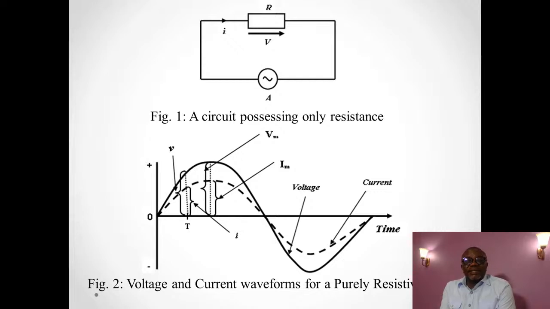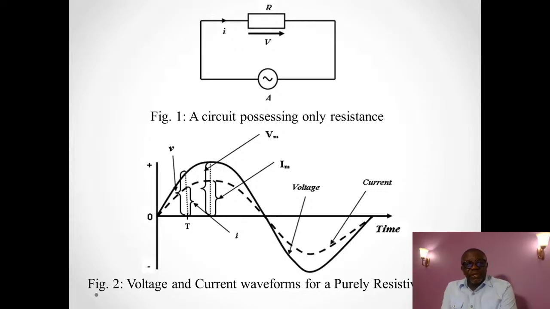So we are saying that when this alternator is supplying a pure sine wave, then the current, if you look at the current, the dotted line in Fig. 2, then the voltage, which is the solid line, will be in phase.